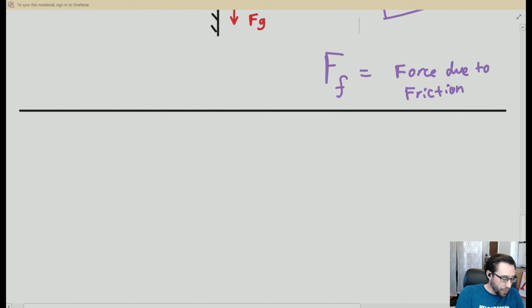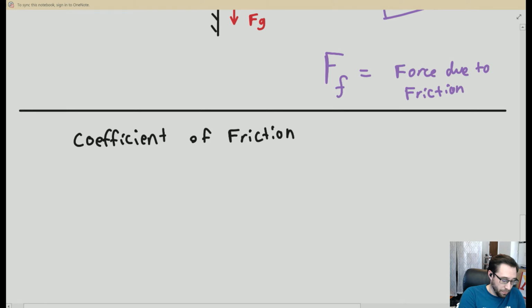So how we assign a value to the amount of friction, how frictiony a surface is going to be, is the coefficient of friction. Cool.